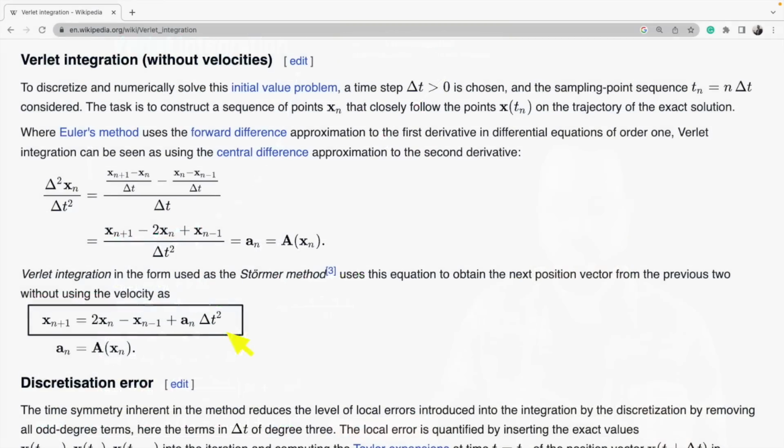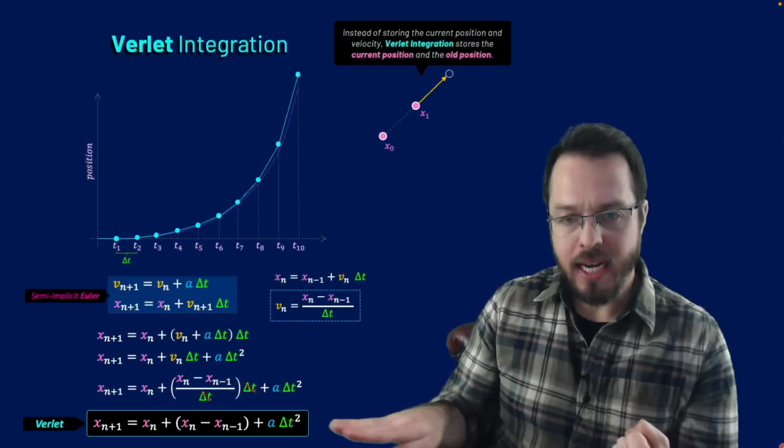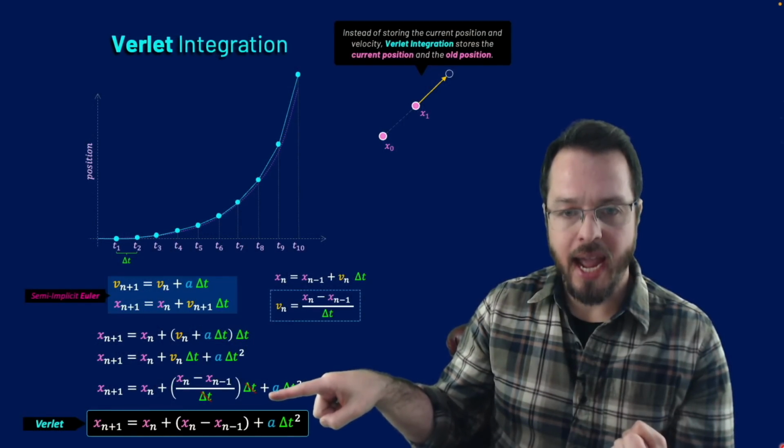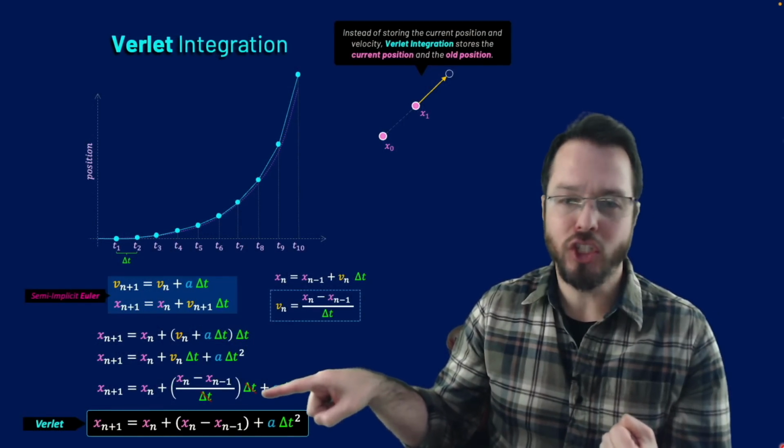Actually, let me pause, and if you open Wikipedia and look at the Verlet integration formula, you will see that the formula they give is x of n plus 1, the new position, is 2xn minus xn minus 1 plus acceleration delta time squared. What is the 2xn that we have there? Well, it's exactly what we have right here. Do you agree? xn plus xn minus xn, that is 2xn.